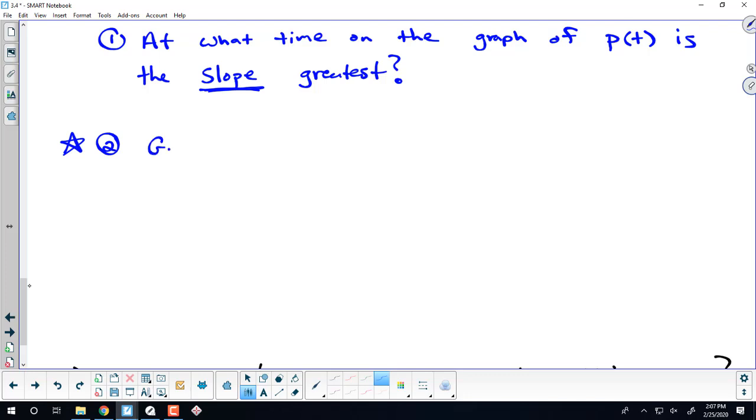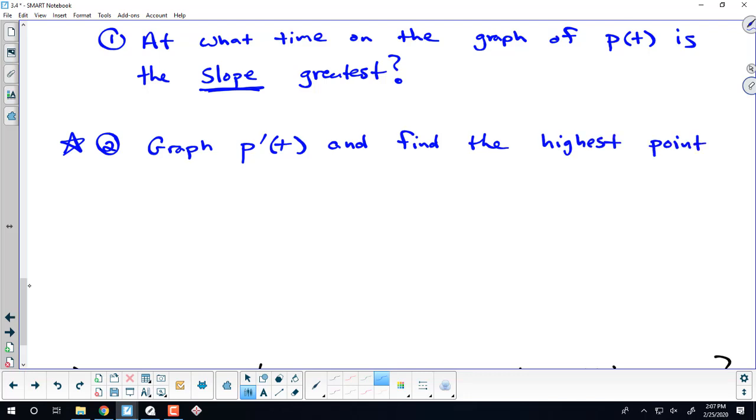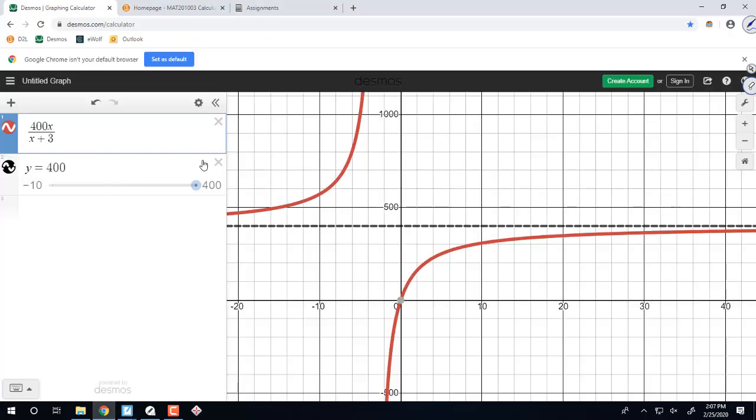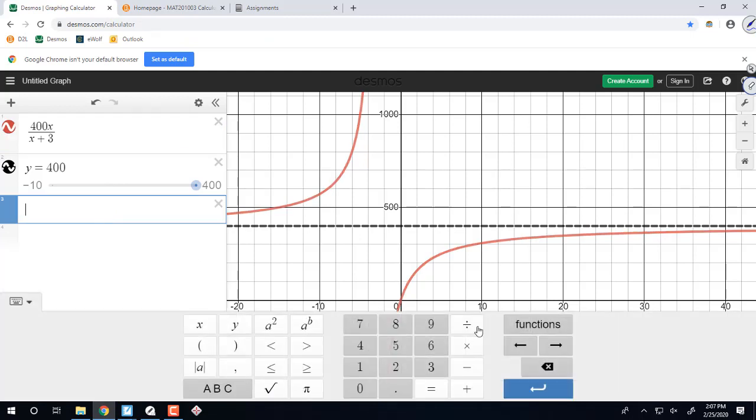We could graph P prime of t and find the highest point. Really, it's asking for what time, so we would just take the t value of the highest point. So here is our derivative.